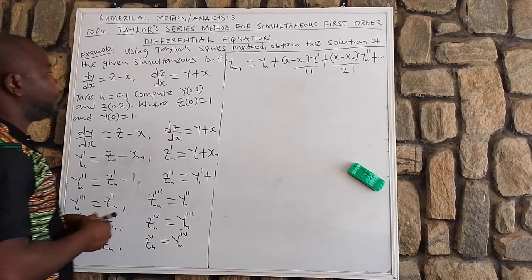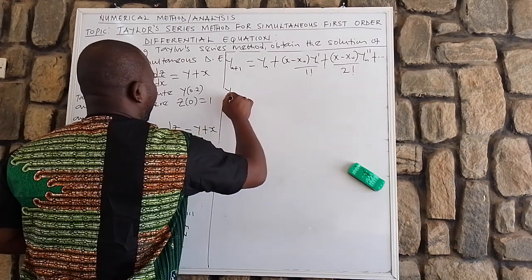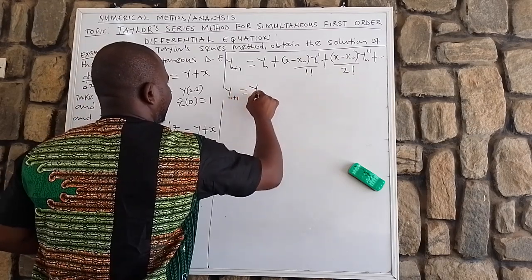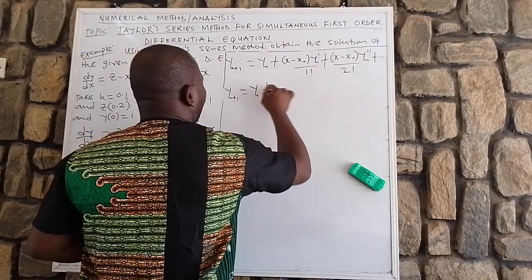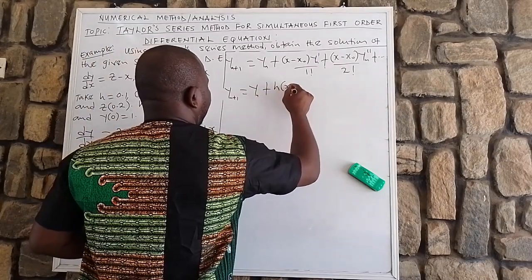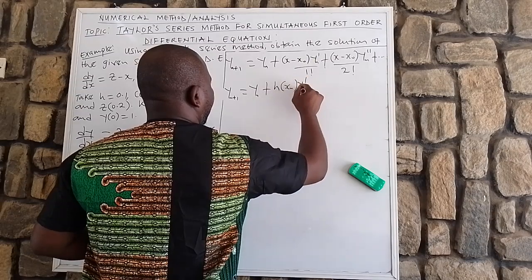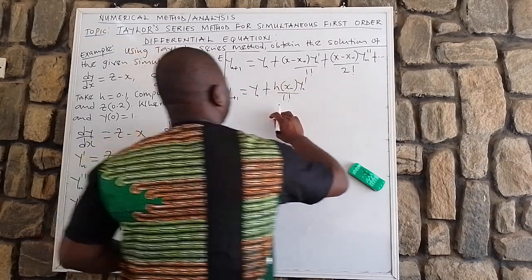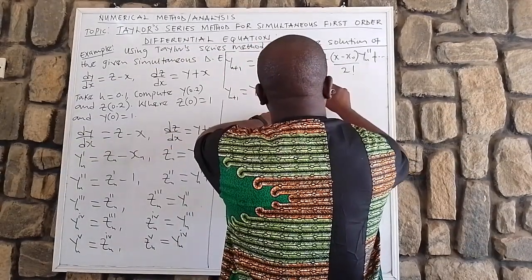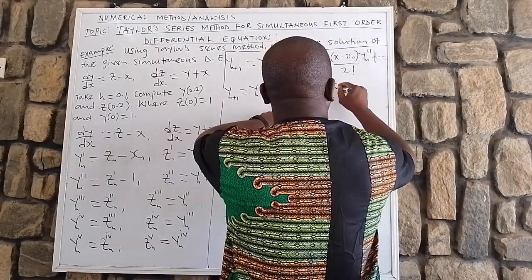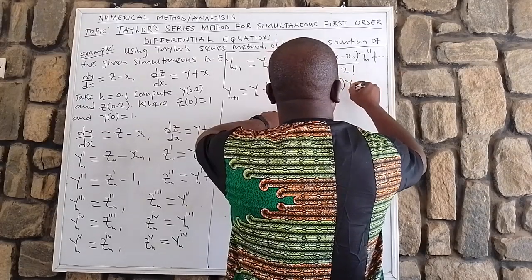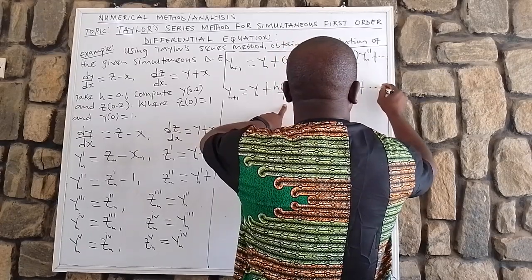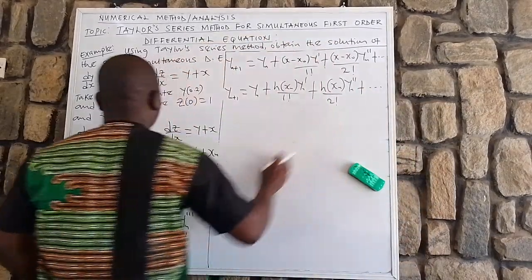So for that reason the formula is going to be y subscript n plus 1 is equal to y subscript n plus h times y prime at x n all over 1 factorial, plus h squared times y double prime at x n all over 2 factorial, plus and so on. This is the formula we are going to use.